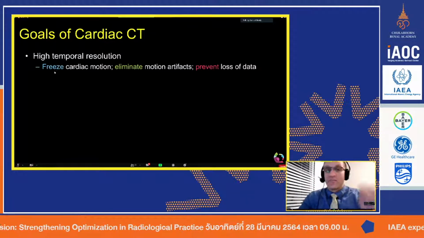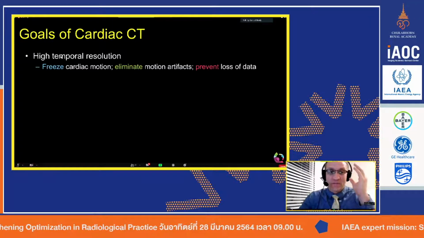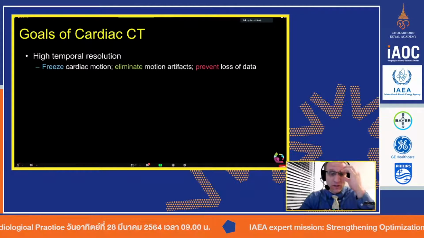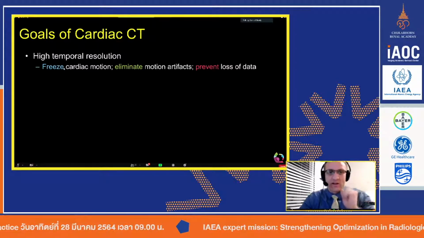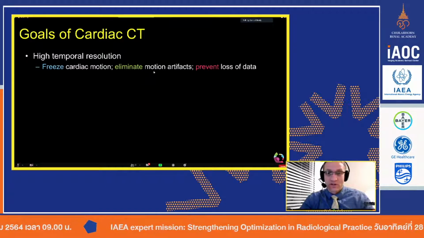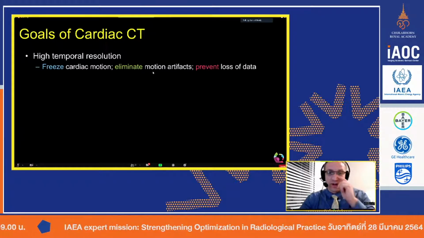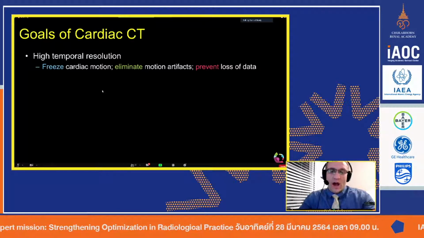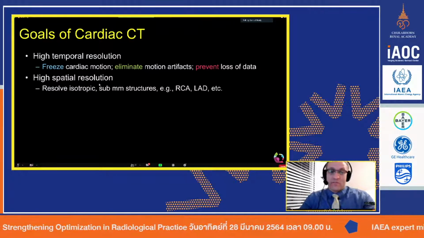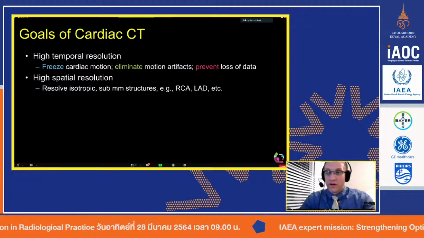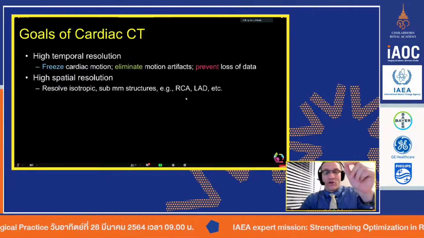Well, we got a lot of motion. We have to make our images very quick, and we have to do it in a way to freeze that cardiac motion, eliminate the artifacts that come from that motion, and we have to do so without the loss of any data. So high spatial resolution is very important because we are looking at very small coronary arteries, and they don't all go up and down.